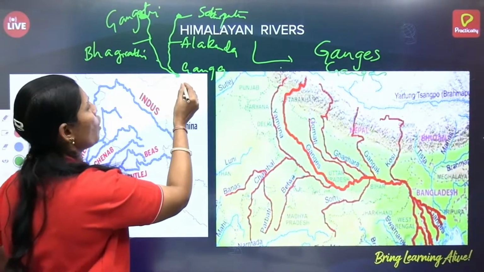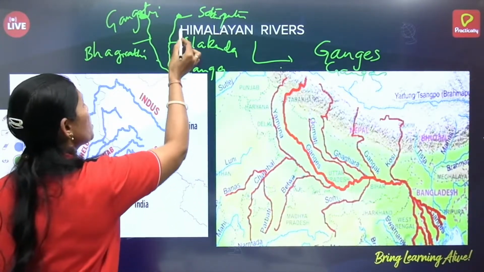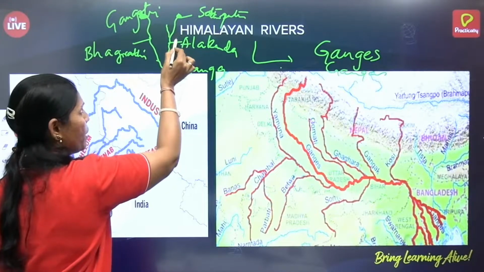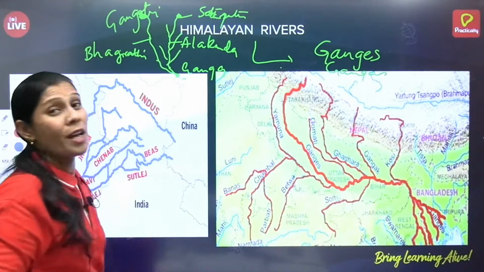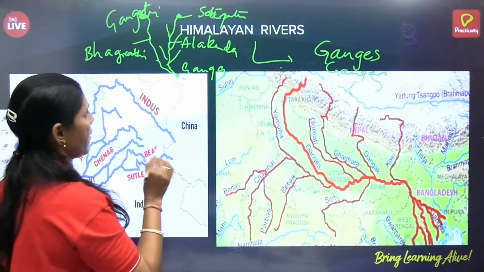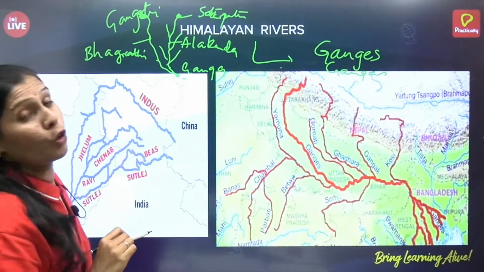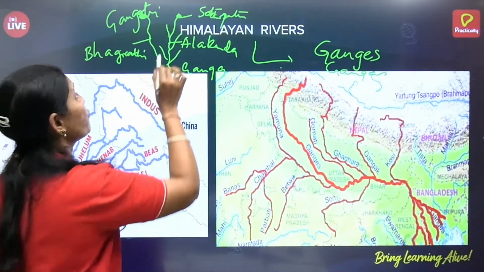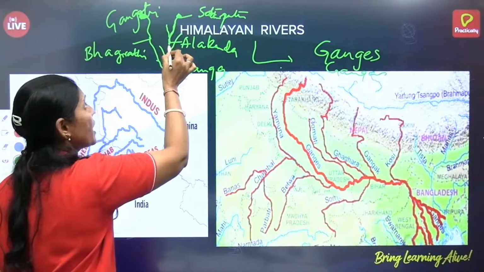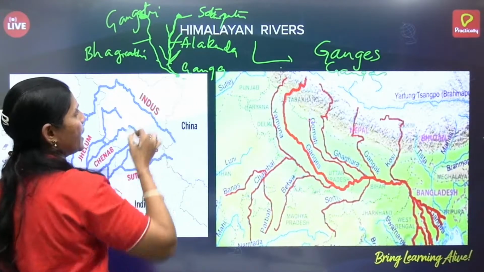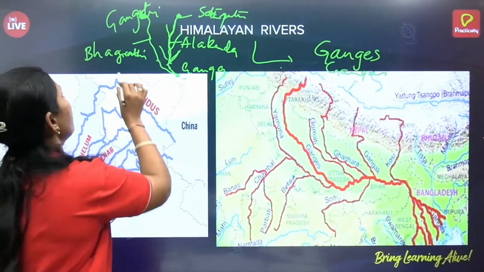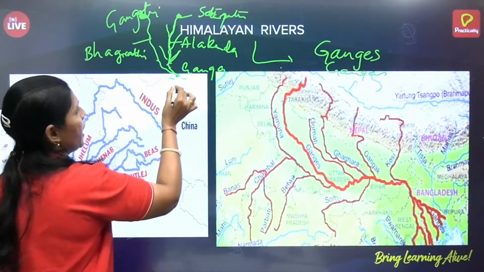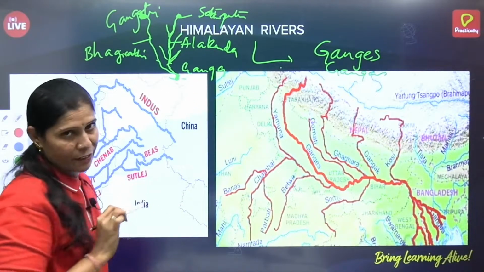Before forming the Ganga, the Alakananda is joined by many small streams, which we call, as I told in the previous slide, confluences, or prayagas. Five small streams join the Alakananda, and finally it joins with the Bhagirathi at a place called Devaprayaga.